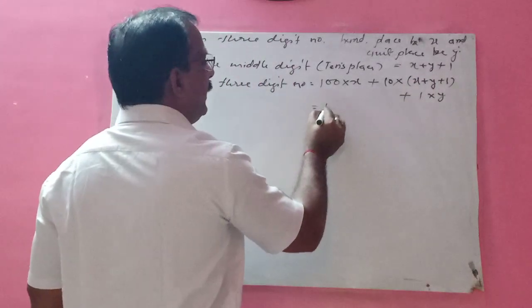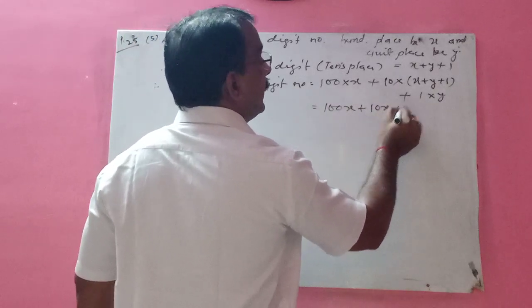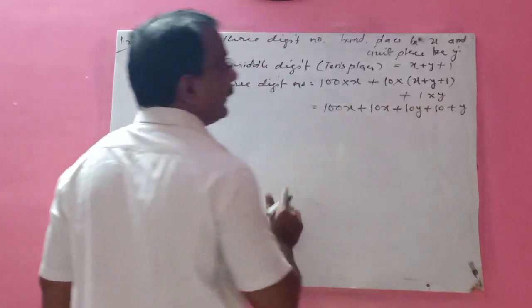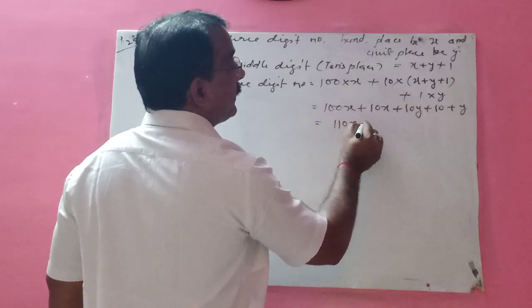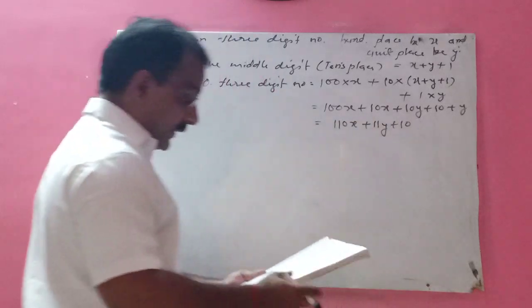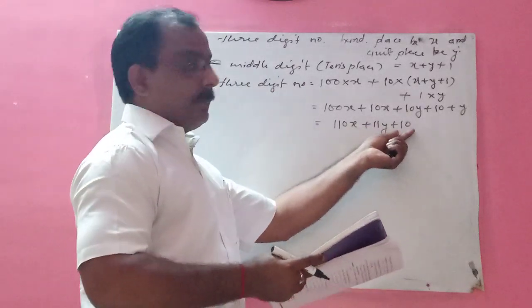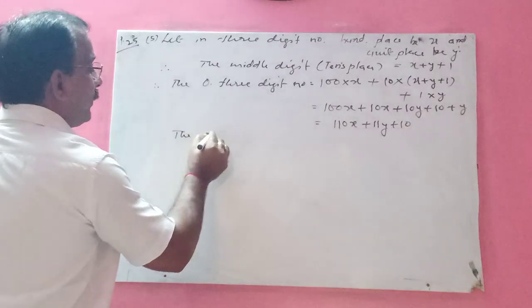So this will become 100x plus 10x plus 10y plus 10 plus y, which is equal to 110x plus 11y plus 10. So this is your 3-digit number, children: 110x plus 11y plus 10.